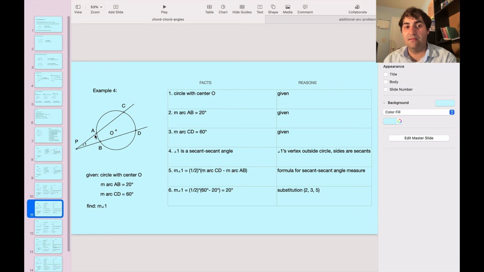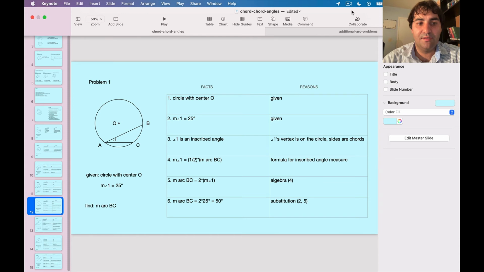A secant intersects a circle at 2 points. So the measure of angle 1 is equal to 1/2 times, in parentheses, the measure of arc CD minus the measure of arc AB. We can plug in some values here to get measure of angle 1 is equal to 1/2 times 60 degrees minus 20 degrees. So this is 40 degrees divided by 2, which is 20 degrees.